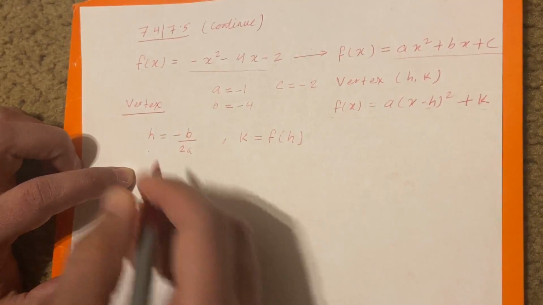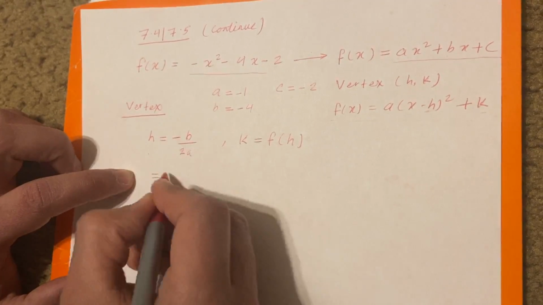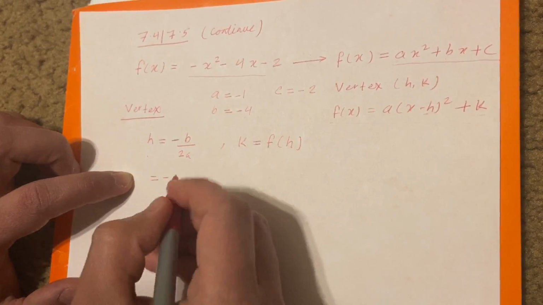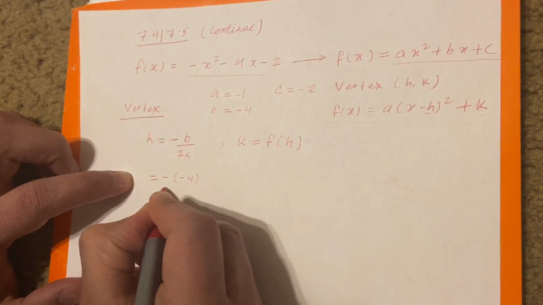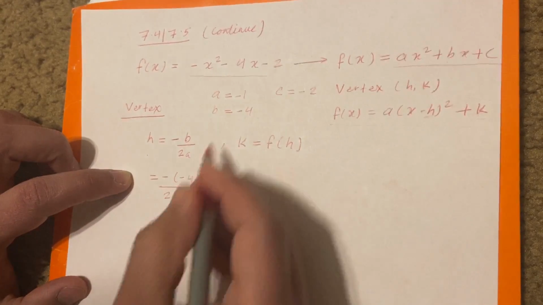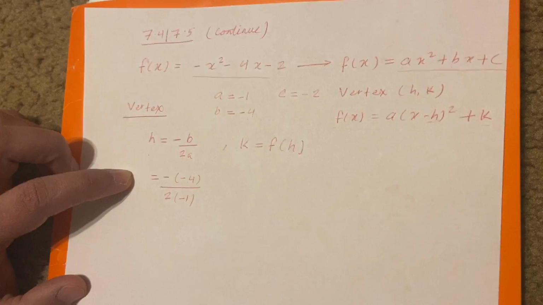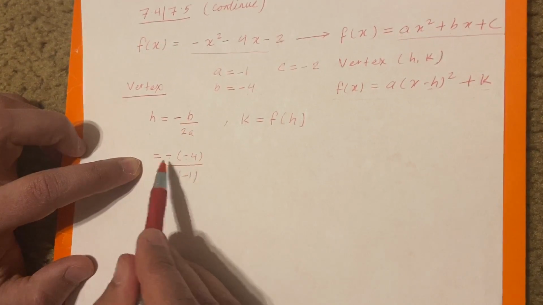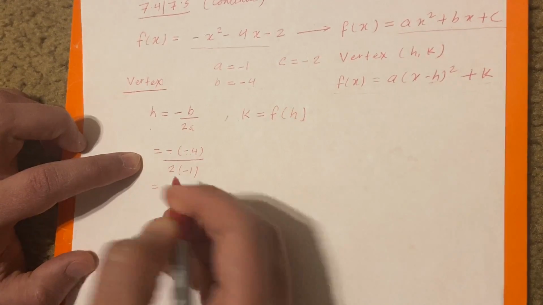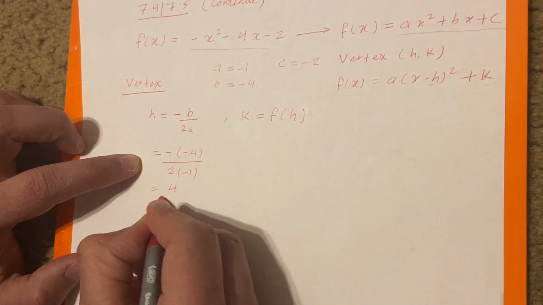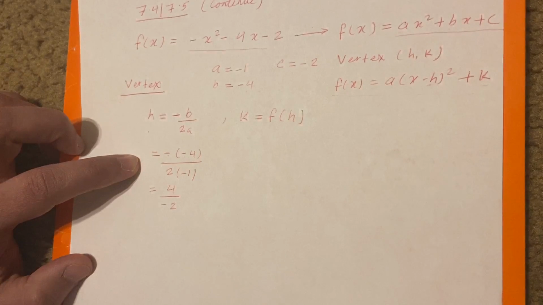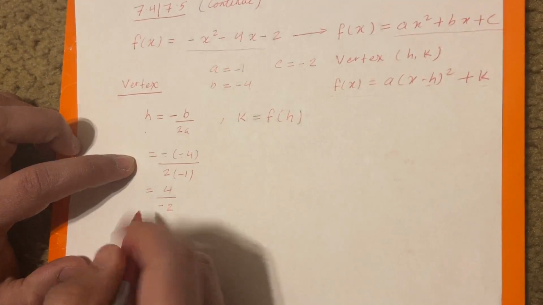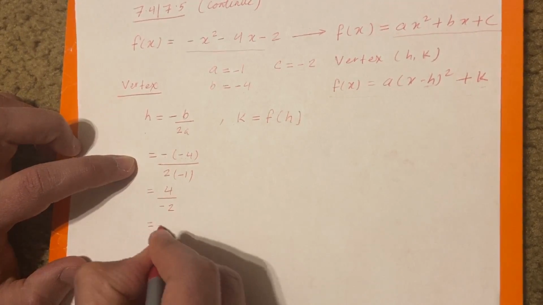So h is, well, there is already a negative here, negative b, and b is -4, over 2 times a, which is -1. All right, so now this negative times this negative, when you multiply two negatives, this is always positive. So +4 over -2. All right, so 4 over -2 is just -2, right?